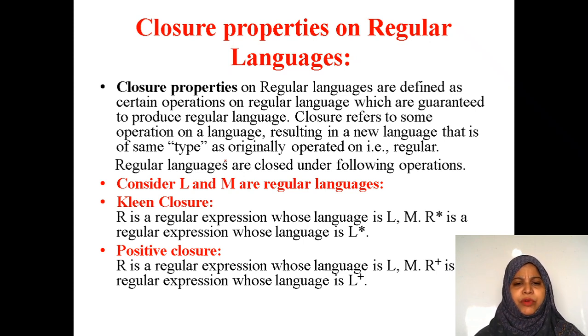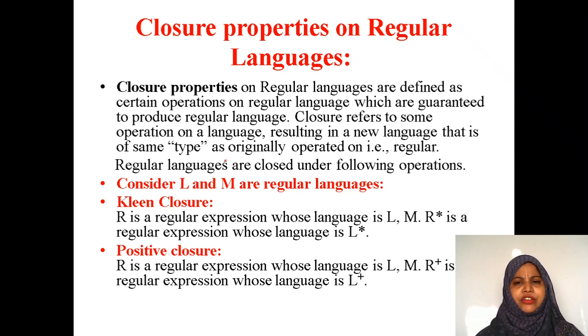Closure refers to some operations on the language resulting in a new language that is of the same type as originally operated, that is, regular. Before performing any closure operation, if that language is regular, whatever operation we perform, whether union, concatenation, closure or anything else, the language remains regular only.